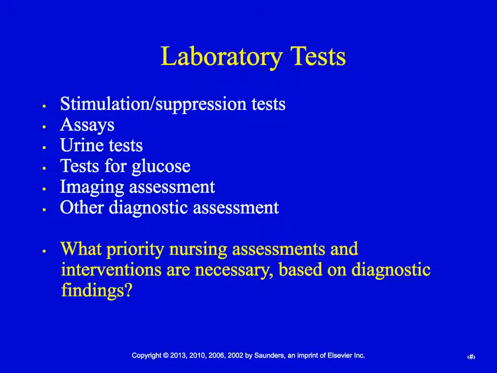We can check for cortisol levels if there's an adrenal problem. So we'll look at this very specifically for each disorder. The important thing is to make sure you understand how to accurately obtain the samples if you're the one getting the samples to do the test on. There are urine tests that can help us as well, that can test hormone levels, and whether there's protein or glucose in the urine can tell us exactly what's going on with the patient.